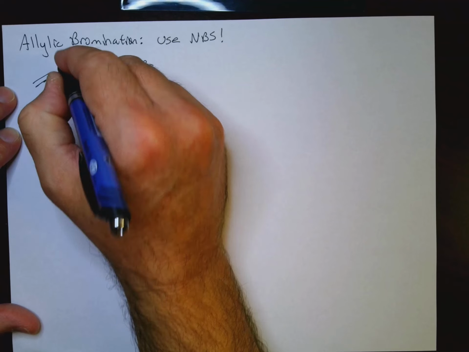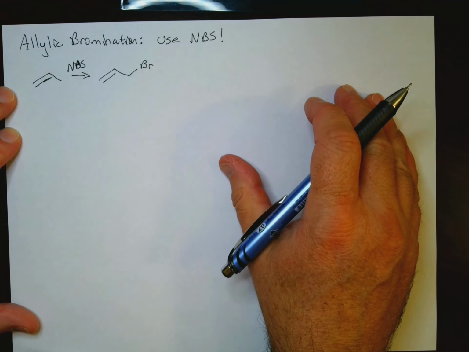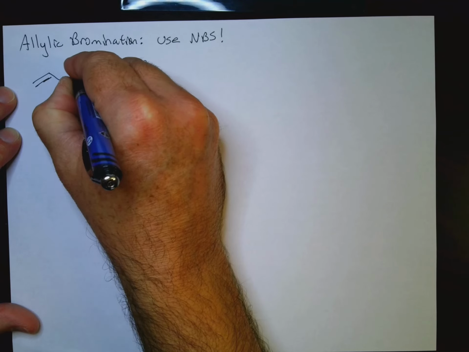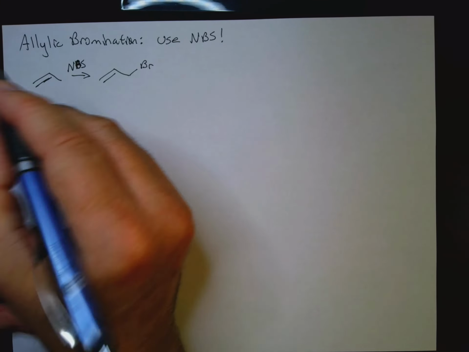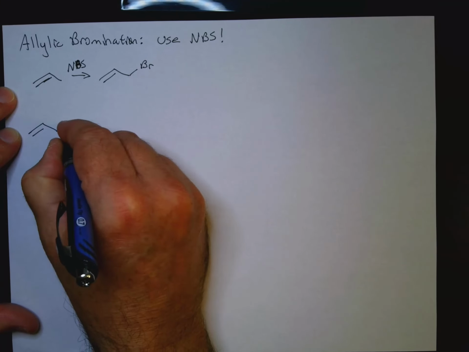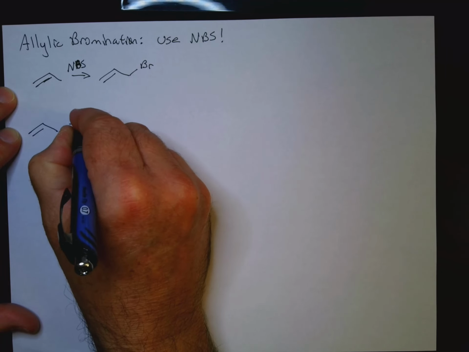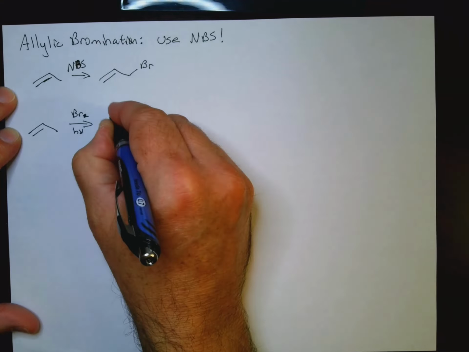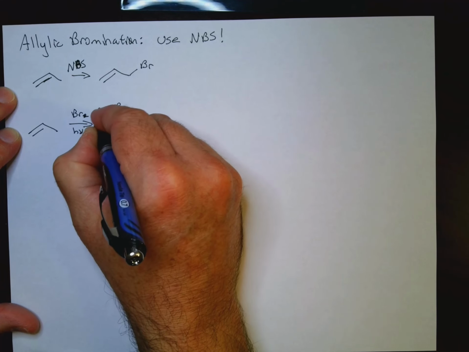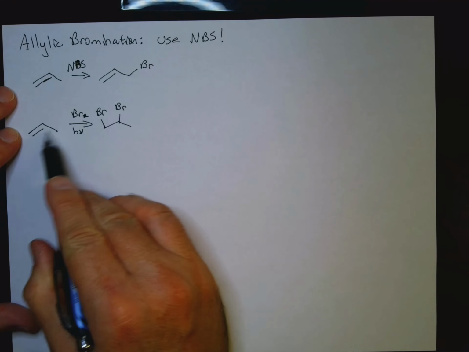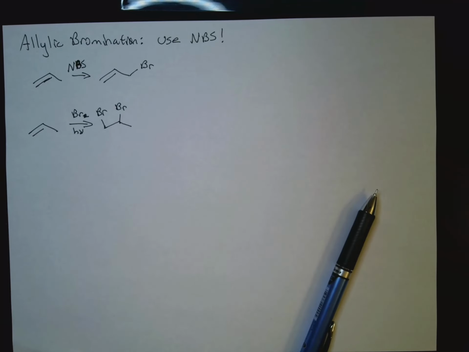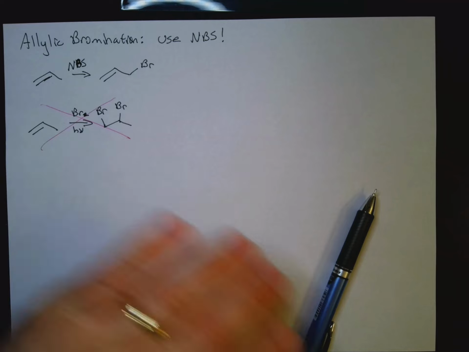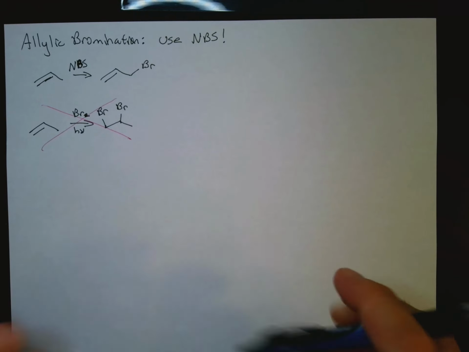But typically I'll just write NBS. See, the problem is if we try to do this, what we'll get is the bromine will simply add across the double bond, and so we don't want that. That is not so good. Okay, so we need to have a little bit more control.